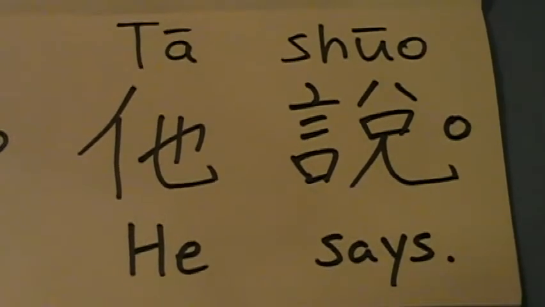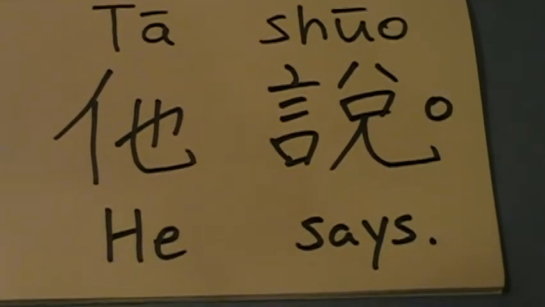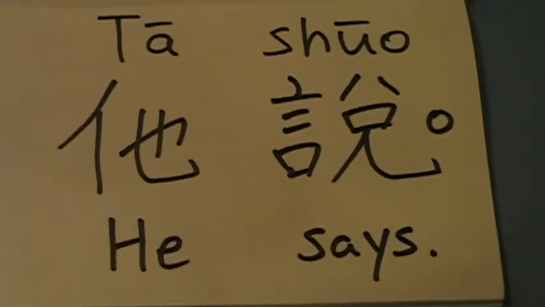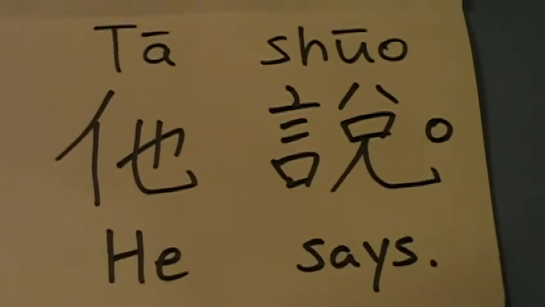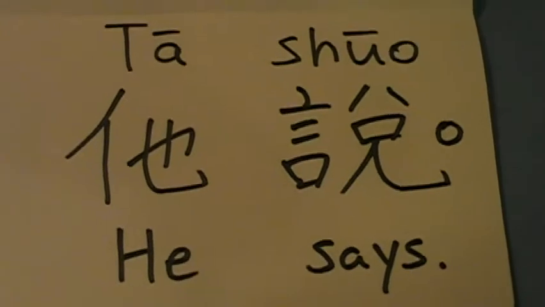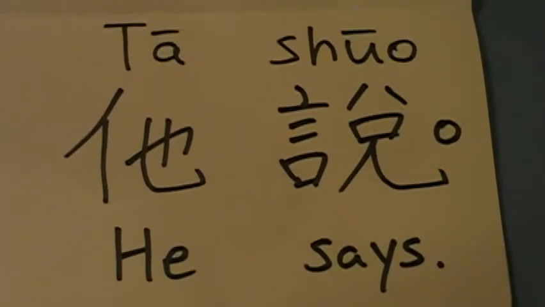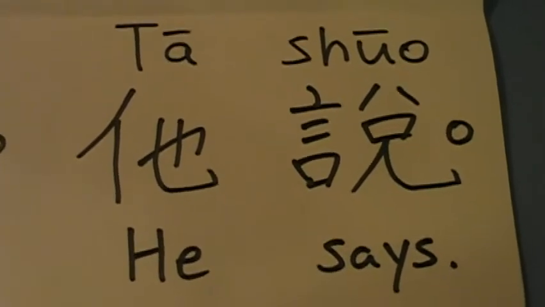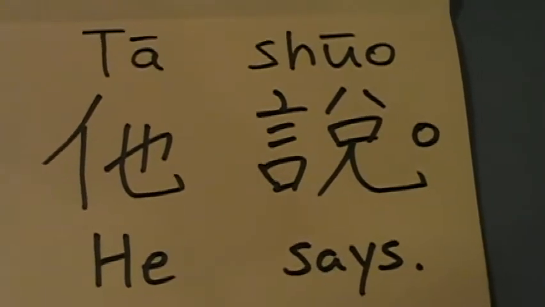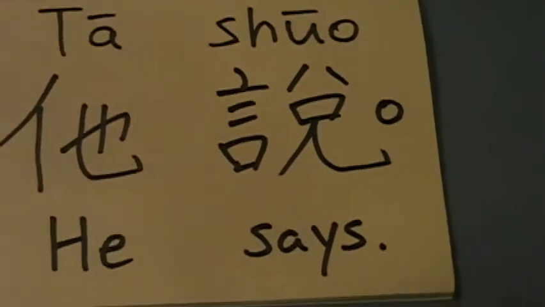Rather, it is simply not necessary to add the s when a verb is behind a pronoun of he, she, or it. It is simply written as 他说 or he say, though it will be incorrect in English.